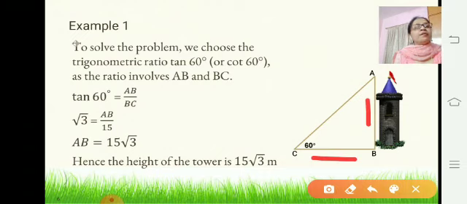And since you know CB, you need to find out AB, we use tan 60 degrees. So tan 60 is equal to AB by BC. Value of tan 60 is root 3. We substitute the values, hence we get AB as 15 root 3, which is the height of the tower.